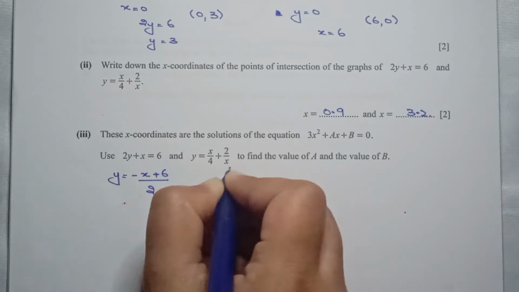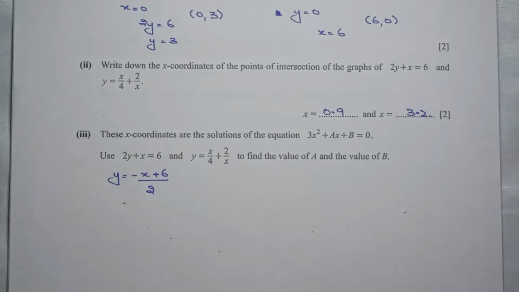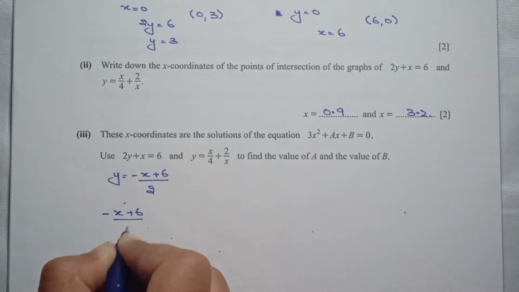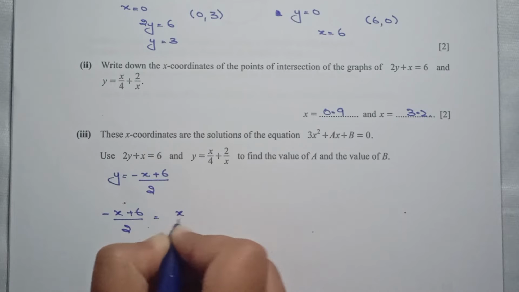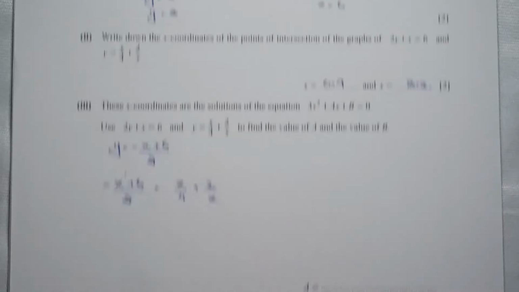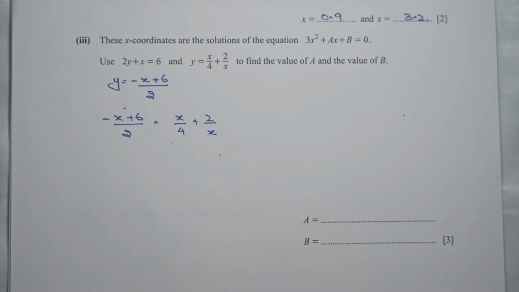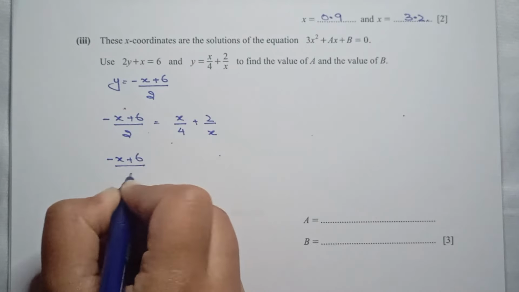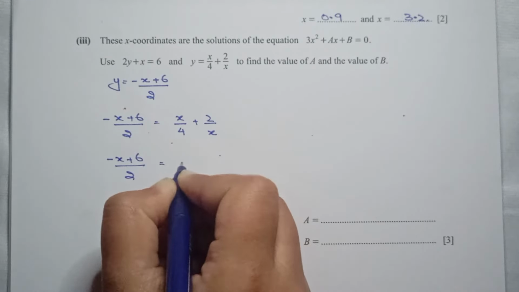This is the y and this is the y, so we can compare both equations. It would be negative x plus 6 divided by 2, equal to x by 4 plus 2 by x.